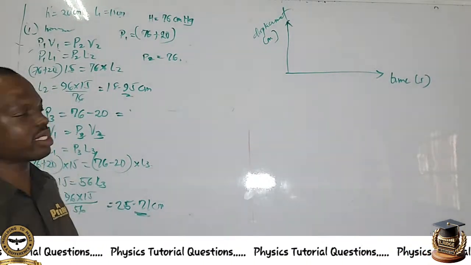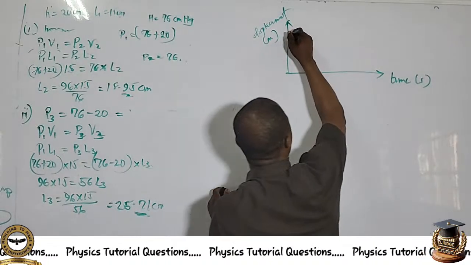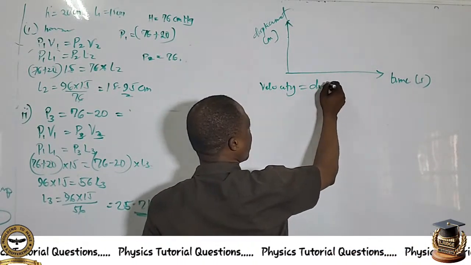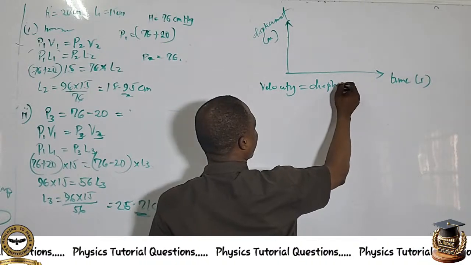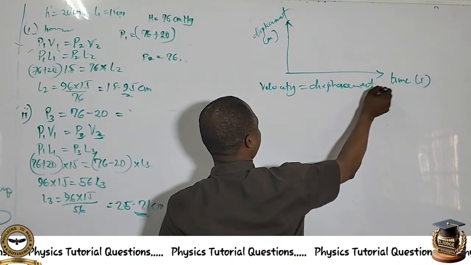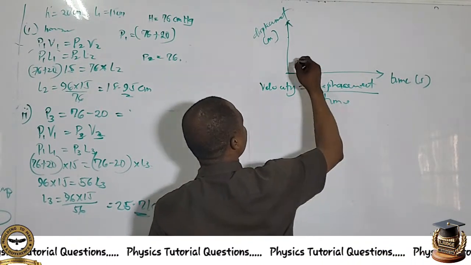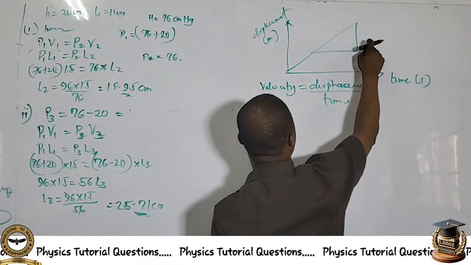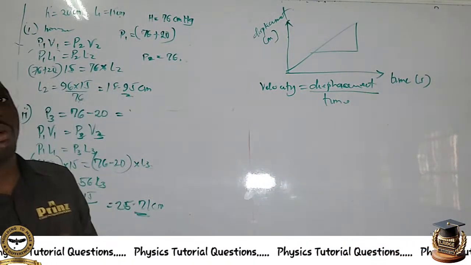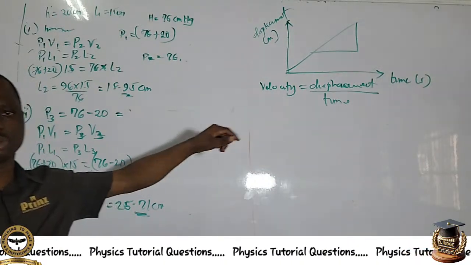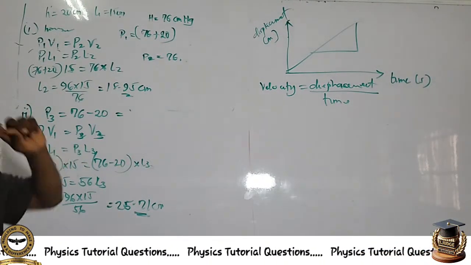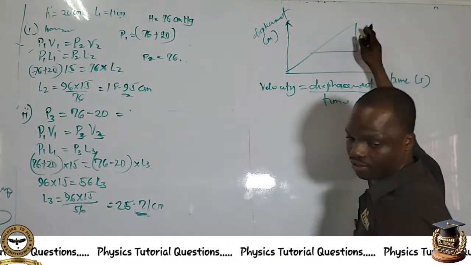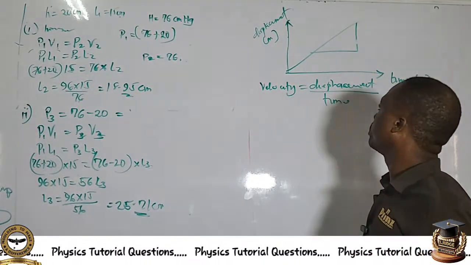Number one, uniform velocity, because velocity itself equals displacement over time. When I draw the slope, I can determine my velocity from the slope, given the displacement over time. Then also we can determine the instantaneous velocity if it's not a straight line graph and it's a curve.